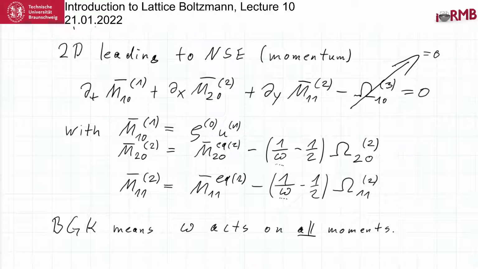Now the point here is that even though omega acts on all moments, what we observe here is that the Navier-Stokes equation depends only on the omega in these two moments and not on the omega in all the other moments.